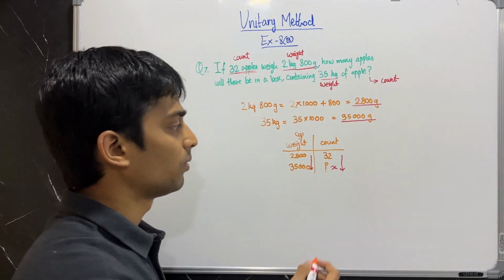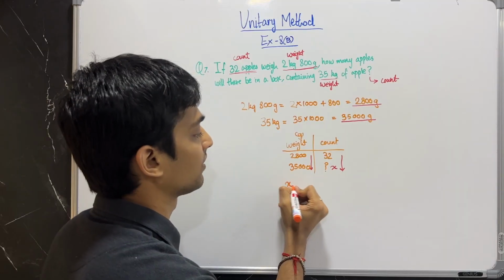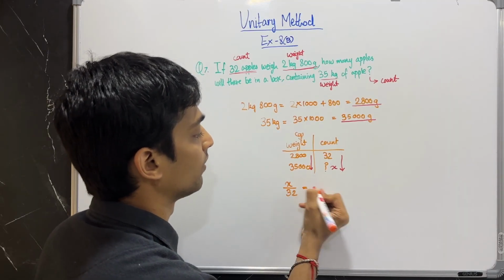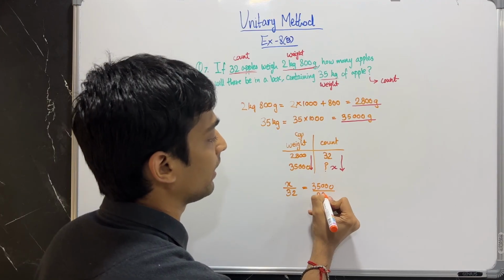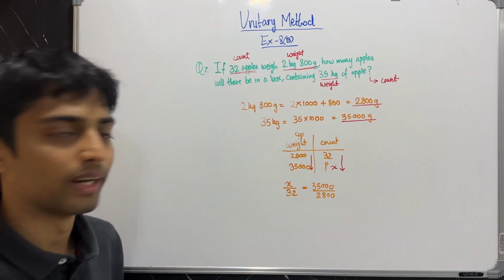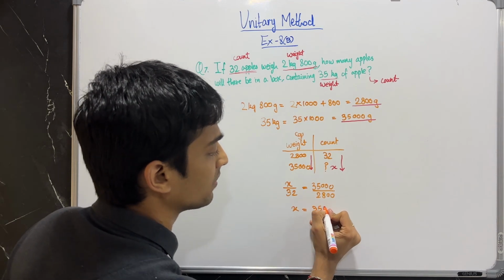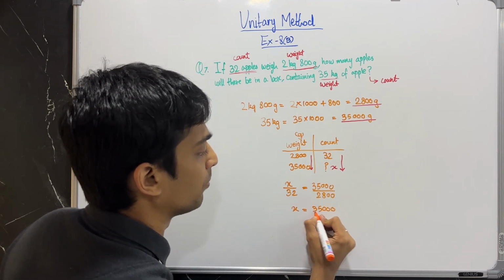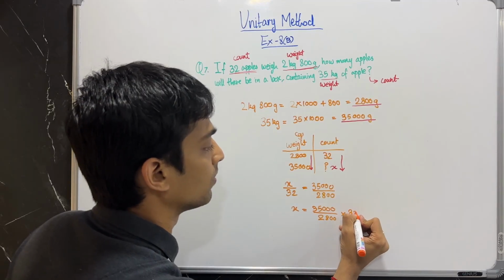Now we can simply do head upon tail equal to head upon tail. So we will get x upon 32 is equal to 35,000 divided by 2800. Now we take 32 over here, x equal to 35,000 upon 2800 multiplied by 32.